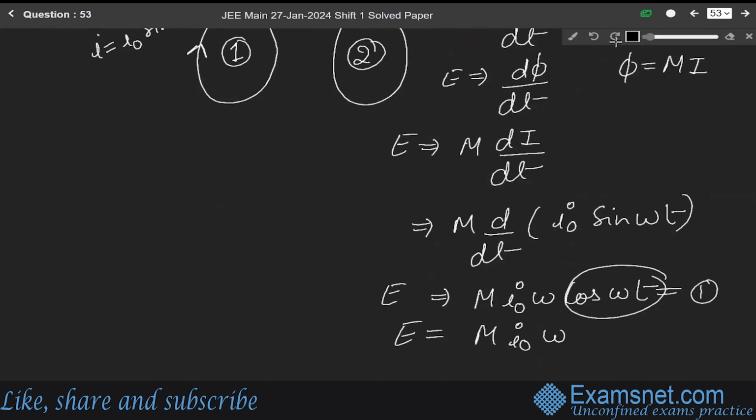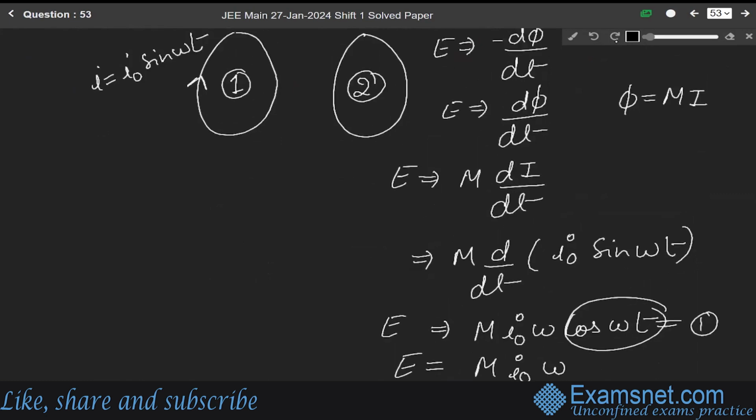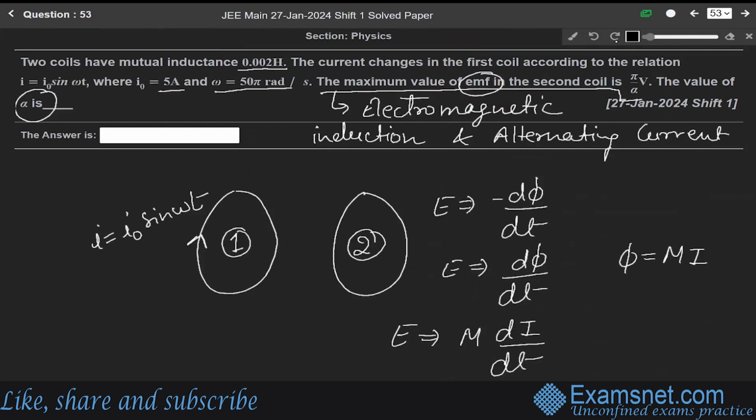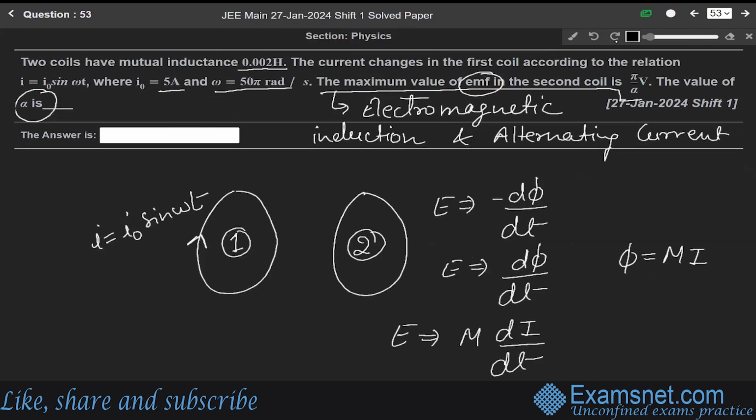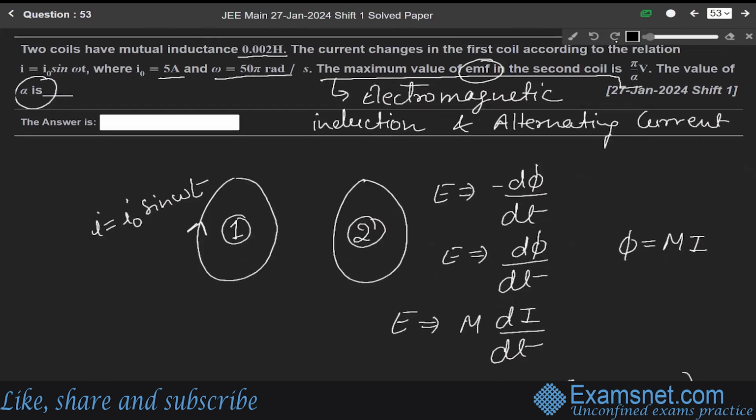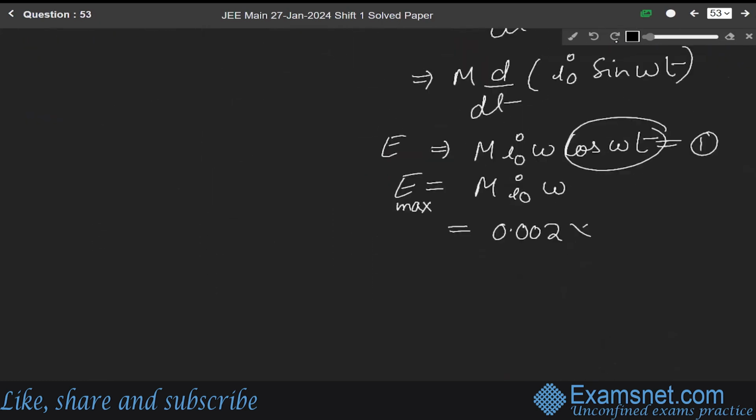So maximum EMF equals M I naught omega. M is given as 0.002 Henry, I naught, the current, is given as 5 ampere, and omega is 50 pi radian per second.